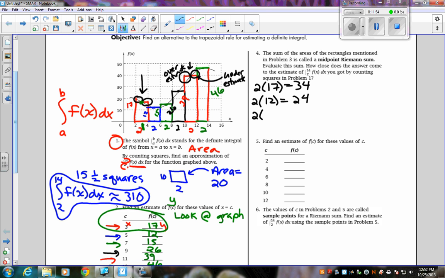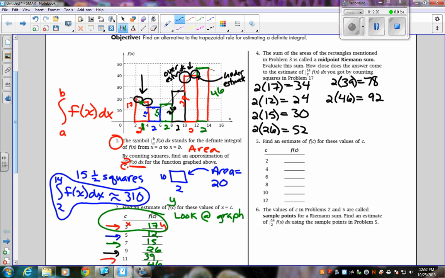The next one, the width was 2 and the height was 15, and that gives us 30. The next one, the width was 2 and the height was 26, and that gives us 52. The next one, the width was 2 and the height was 39, and that gives us 78. And the last one, the width was 2 and the height was 46, giving us 92.